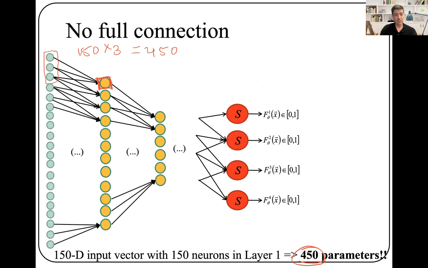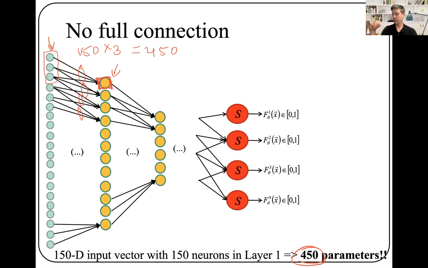But the question is, can we do better? Can we actually reduce the number of connections to less than 450? We could do it by simply removing connections, but the important thing is we want to preserve this kind of local connectivity between a neuron in this layer and neurons in the previous layer.